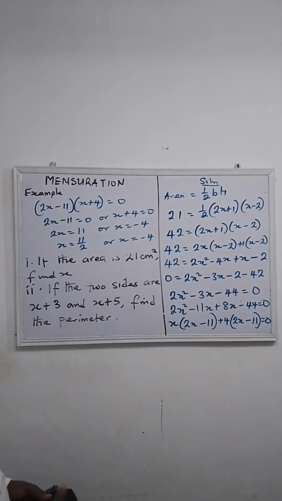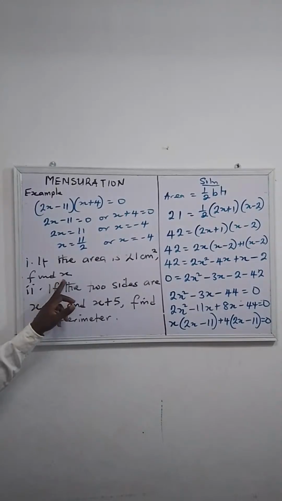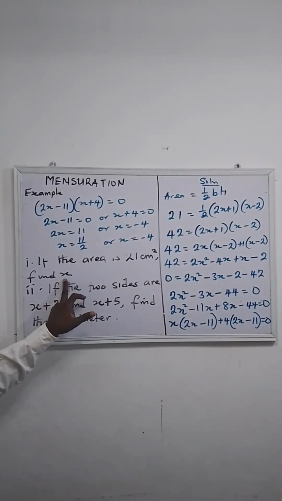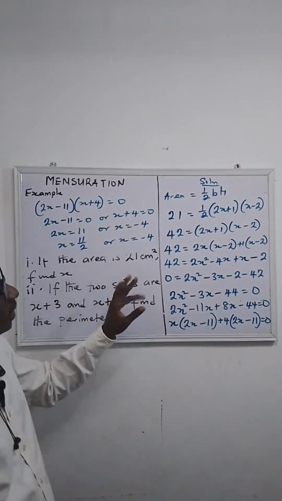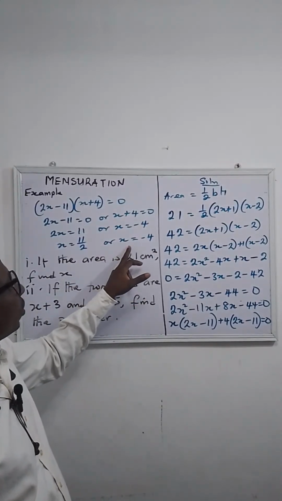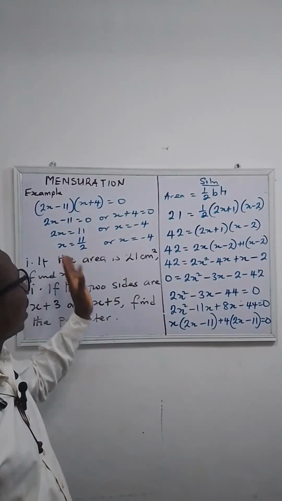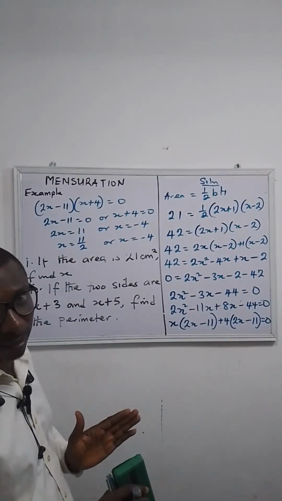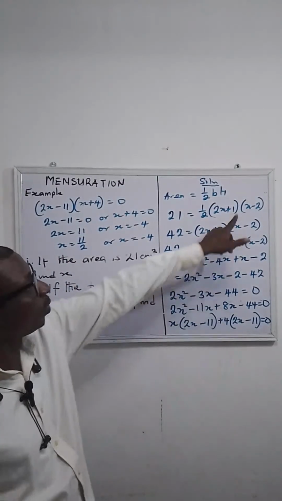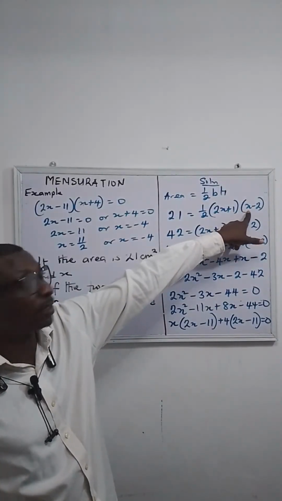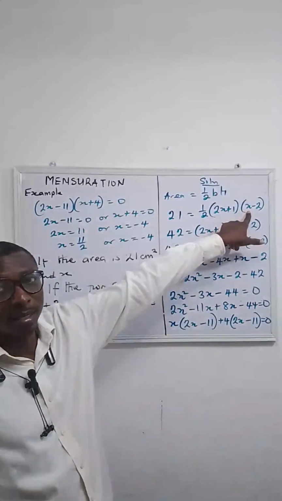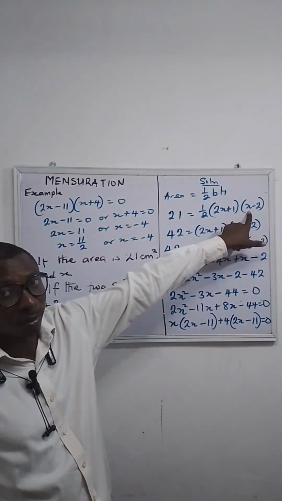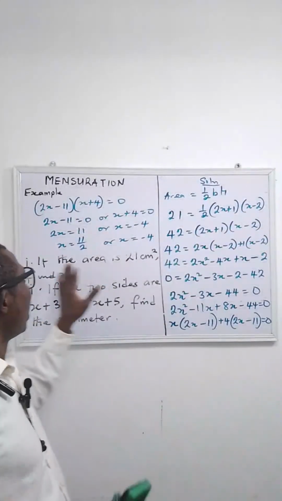Now when you look at this question now, you have to find the value of x. So x in this case now cannot be negative, because if it is negative here, it means that we want to find a distance that is negative. So when you plug it in here, it means the height is going to give us negative 6, and that is not true. So x is not negative, so x is positive.